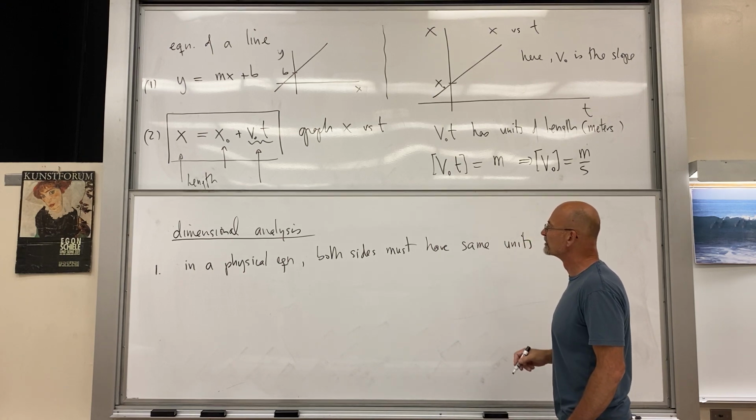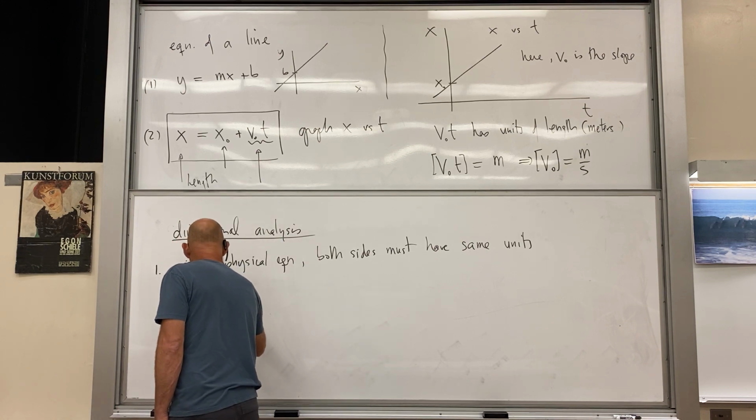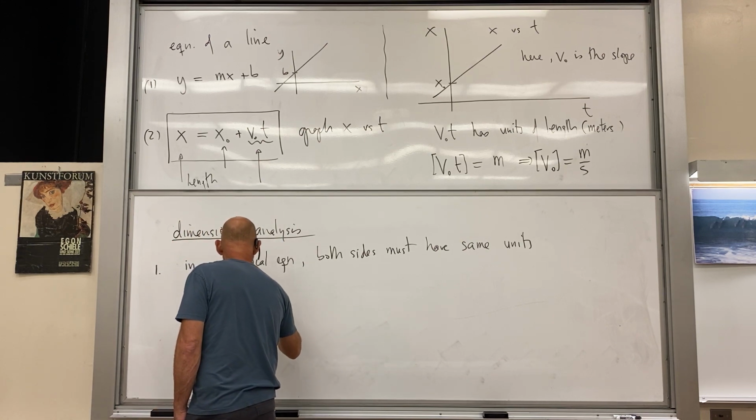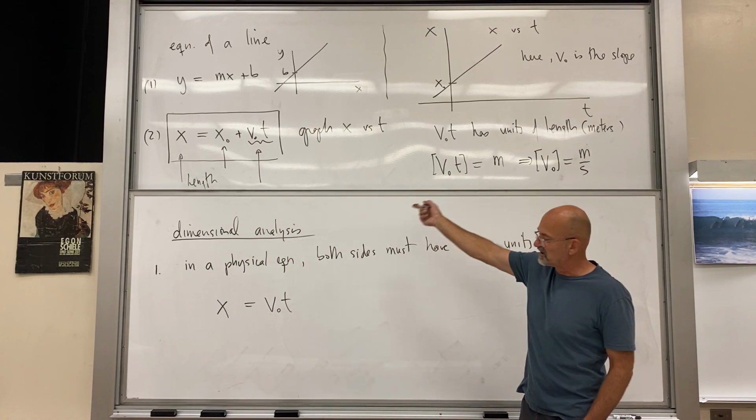Okay. So I'll do a simple version of our equation up there. X equals V0 times T. That means we would be going through the origin, just a simpler version.